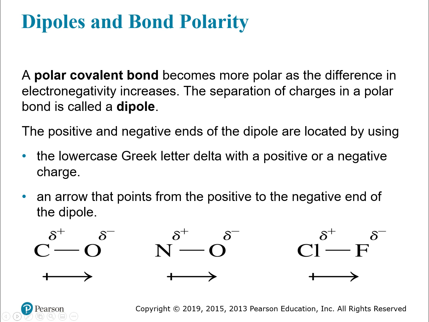Polar covalent bonds become more polar the bigger the differences between their electronegativities. The separation of charges in a polar bond is called a dipole. So when we're talking about a polar bond, we have some symbols that we use.